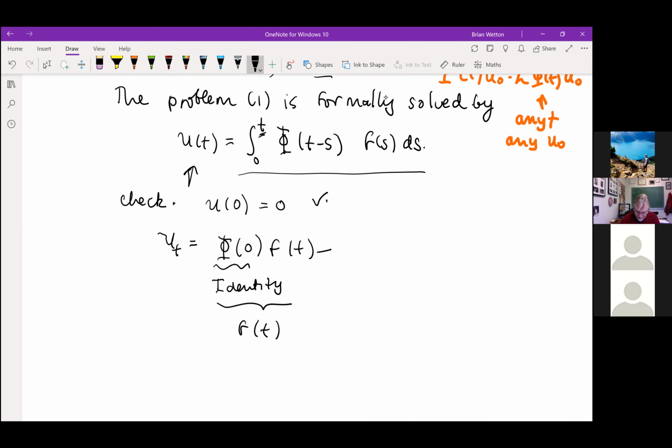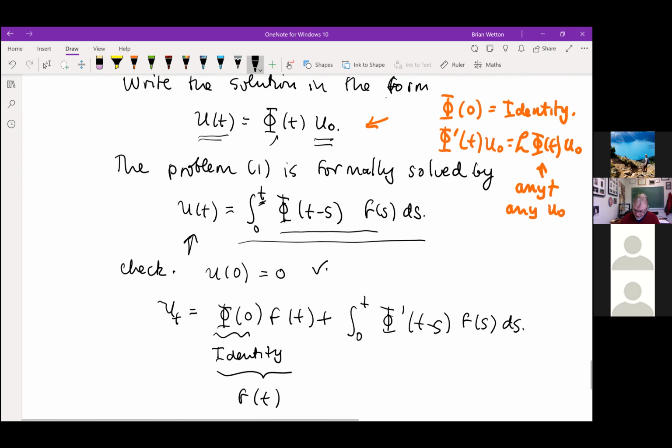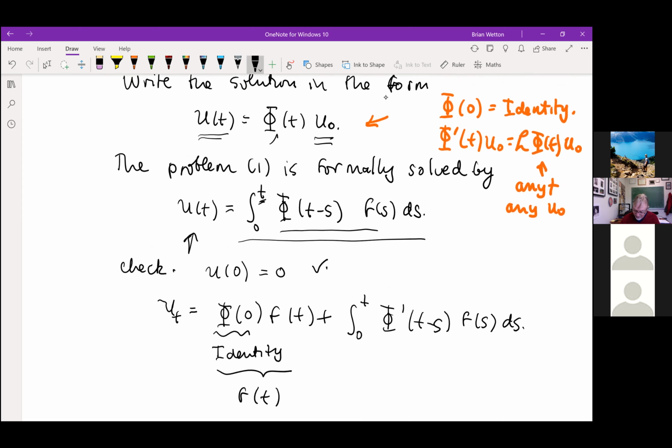And then I'm going to have the derivative of the stuff inside. So that's phi prime of t minus s, f of s ds. But I know that if I take phi prime times u0 at any t, and for any right-hand side, it's just an L. And so now I can take the L outside.